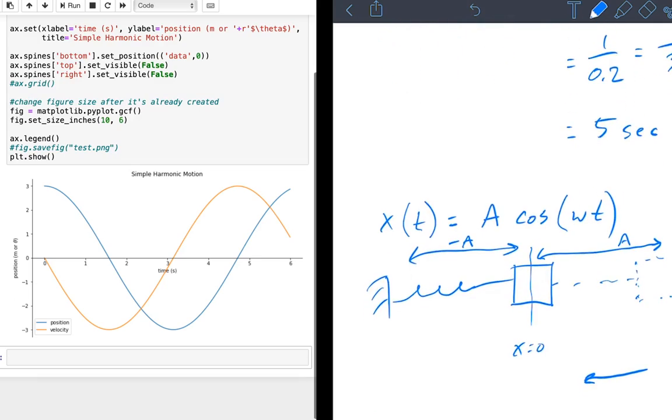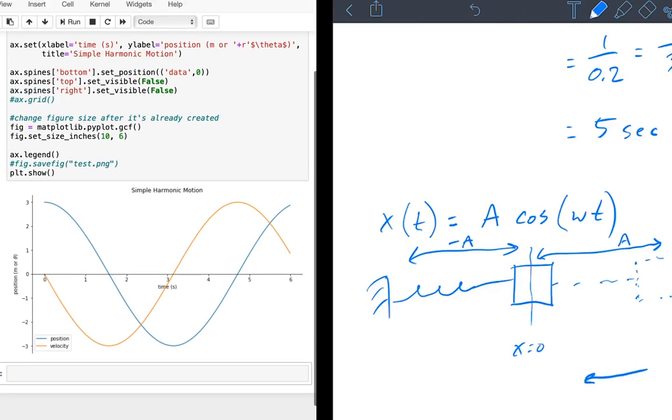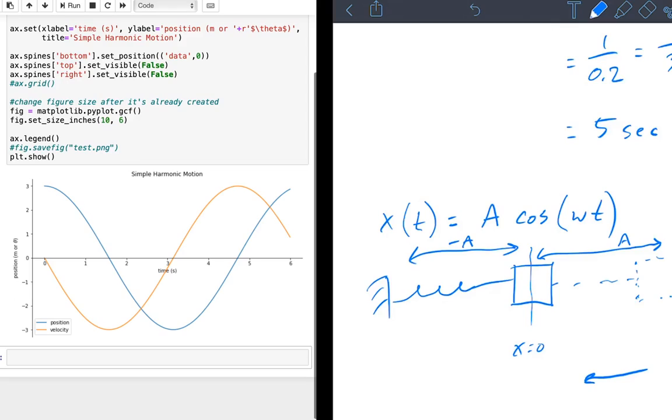And likewise, we can find the acceleration, just taking the derivative again. Again, omega is 1 in this case.